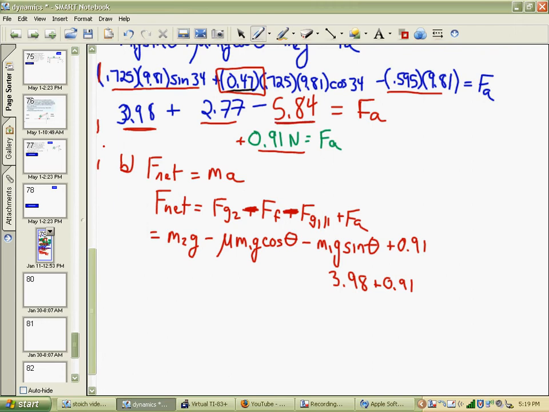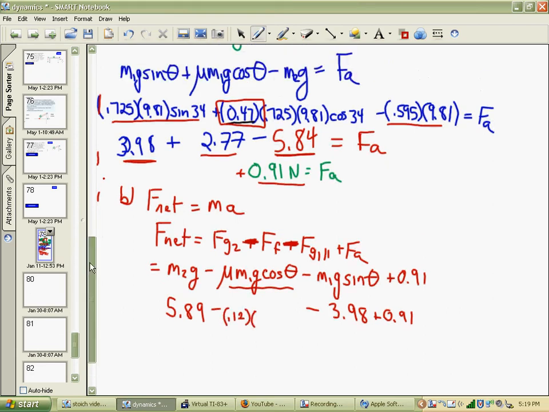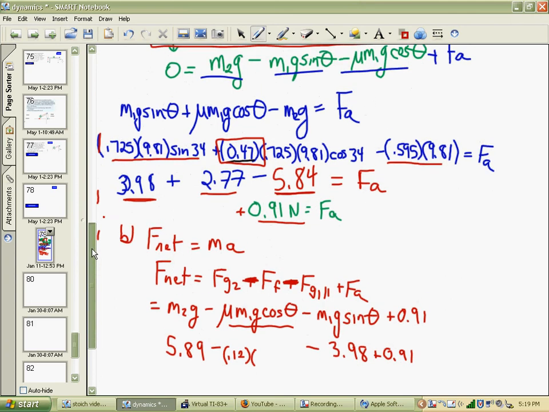So we put our 5.84. We still have 0.91. The only number we need, that was a negative 3.98. We just need to work out this little part here in the middle. So mu is now 0.12. Mass 1, I'm going to mix them up, so I want to take a look. Mass 1 was 0.725.